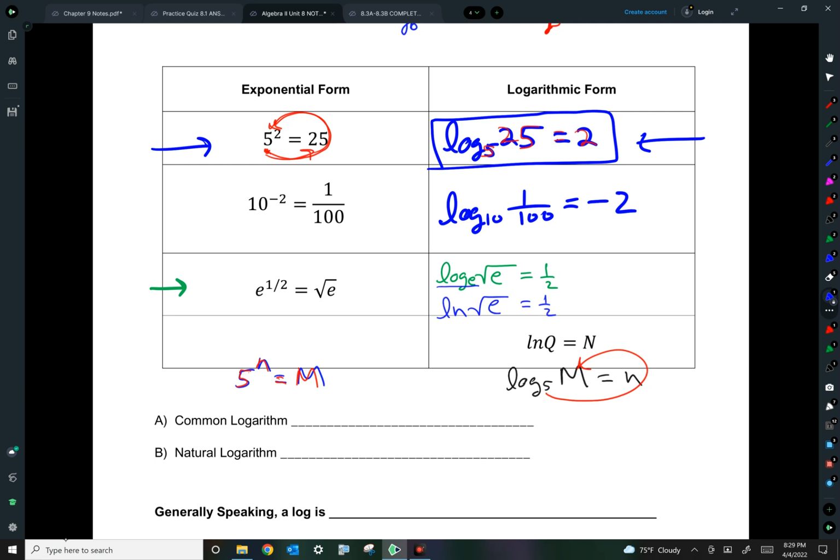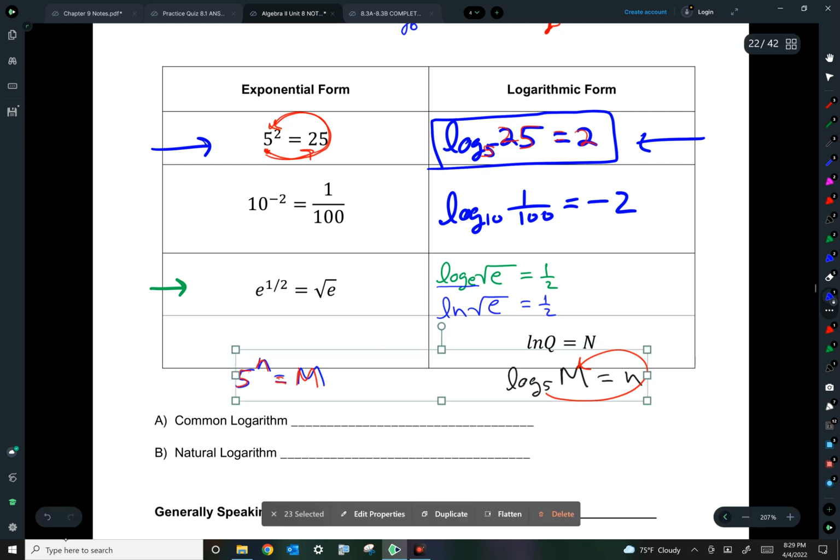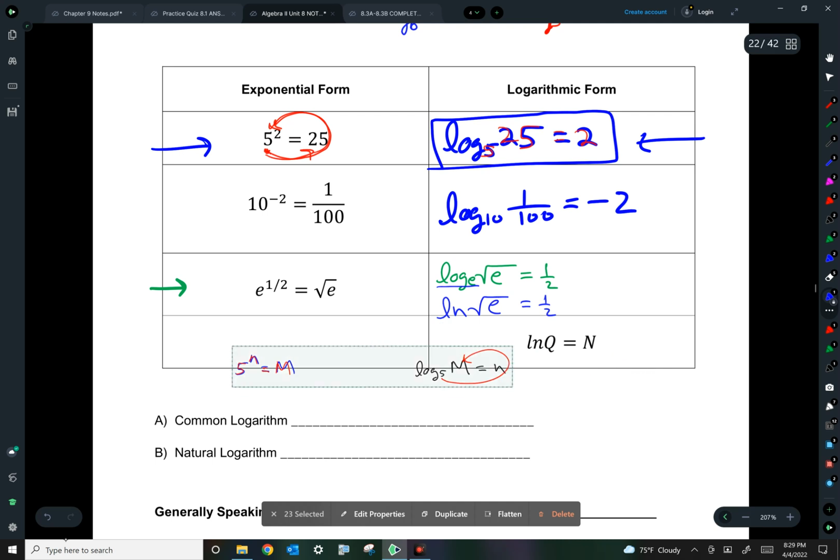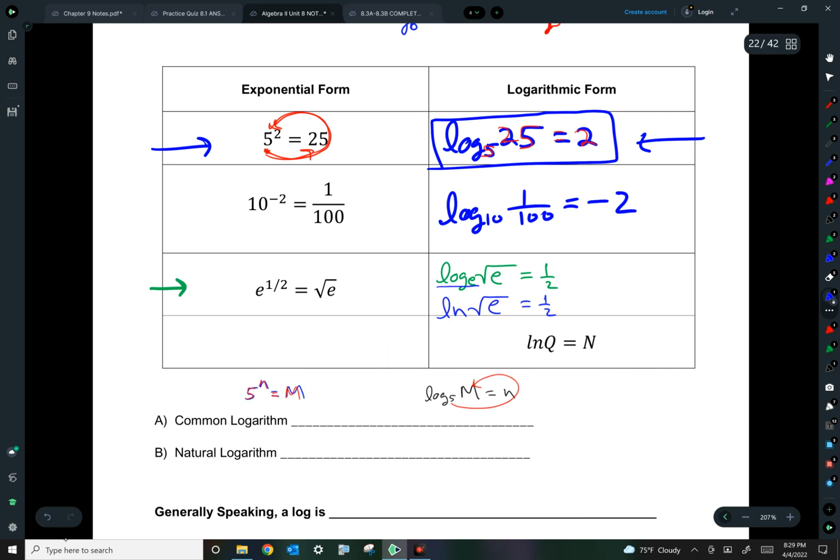If you look at the next line, I don't want you to think it's that line, so I'll move it down here a little bit. If I have this logarithm, natural log of q equals n, remember there's a little subscript of e that's hidden, because anytime you see ln, that means the base is e.